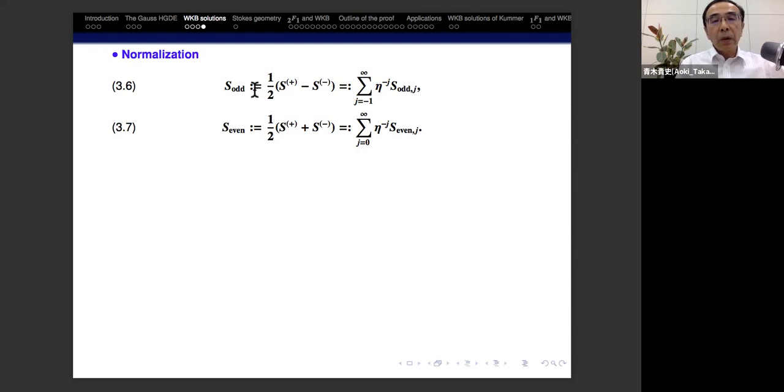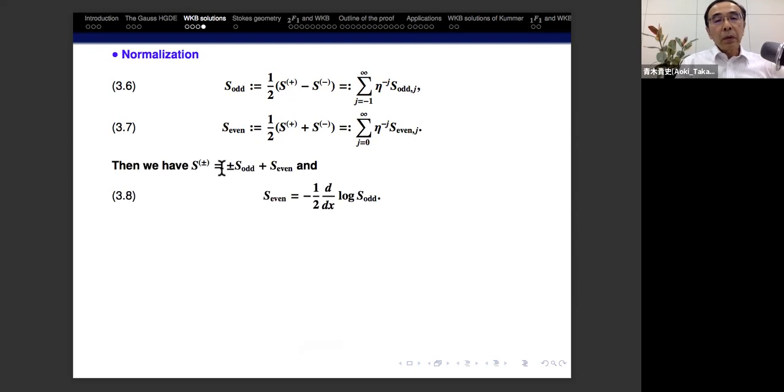That is, S odd is half of the difference of S plus and S minus, and S even is the average of S plus and S minus. And if you put this S plus minus into the Riccati equation and compare the parity of the equation, you obtain this relation.